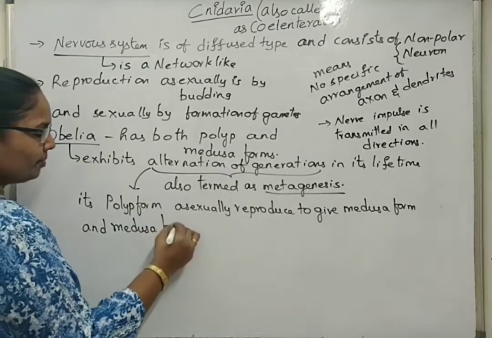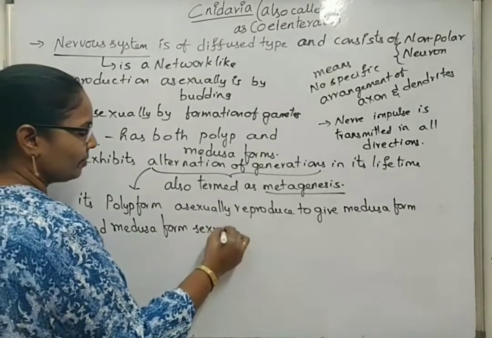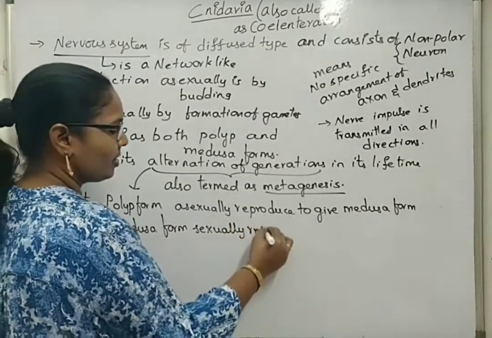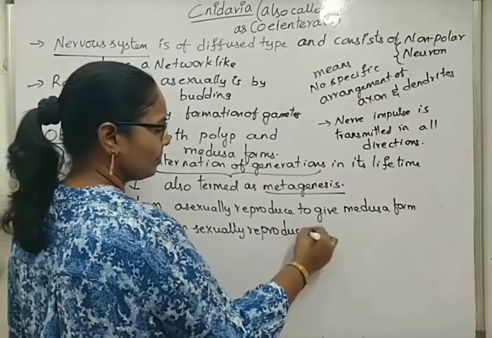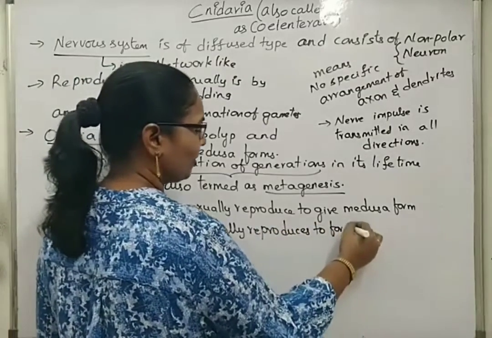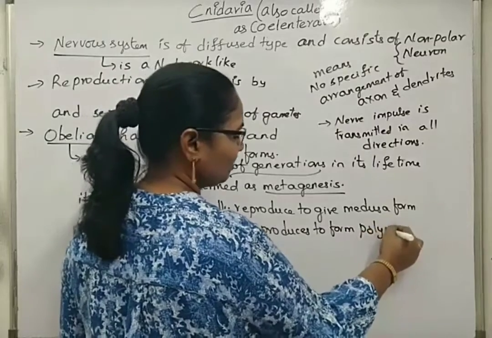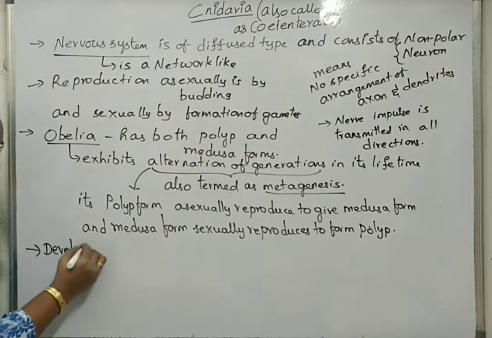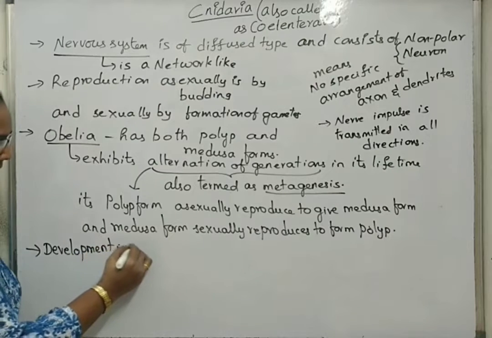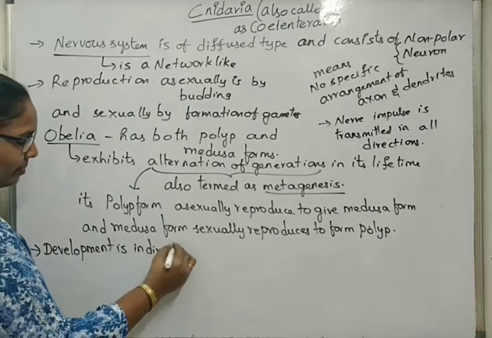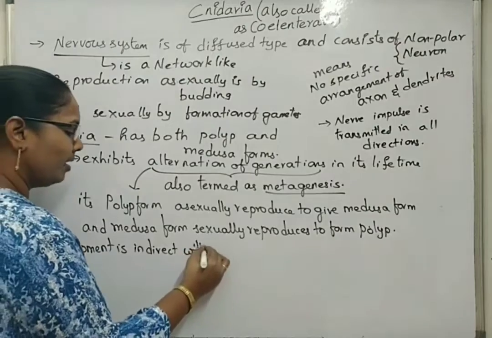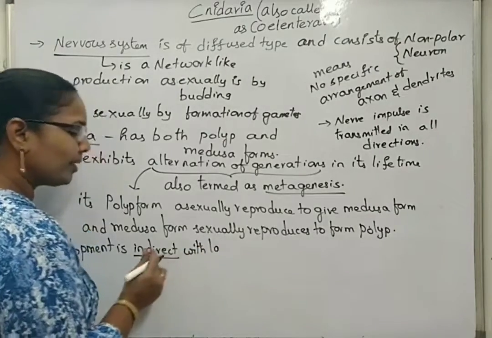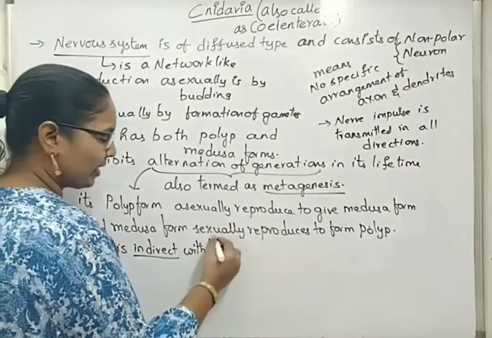Medusa form sexually reproduces to form polyp. Development is indirect with larval forms. Indirect development means having larval forms in the life cycle.